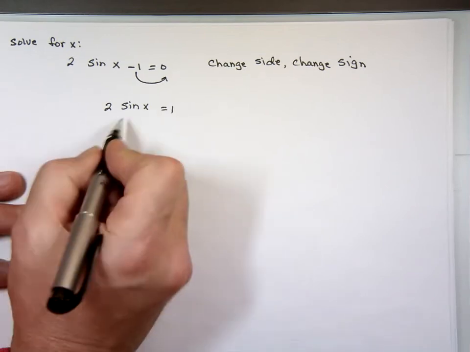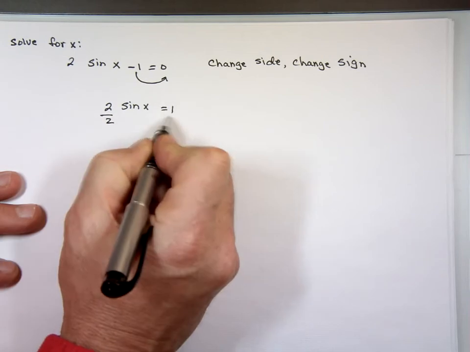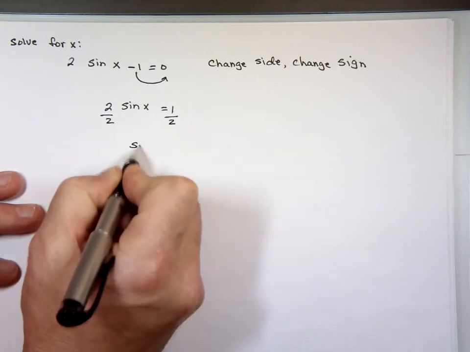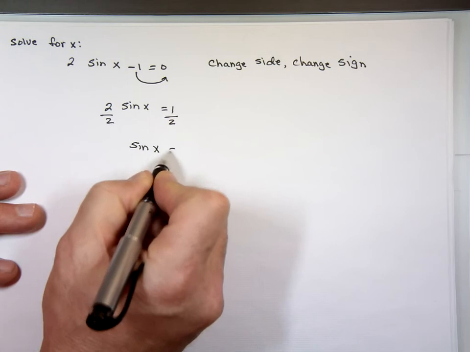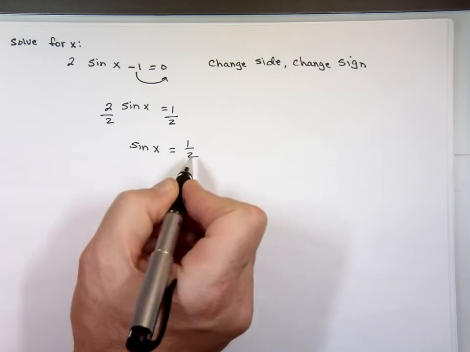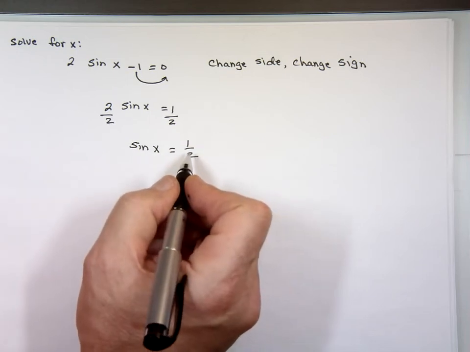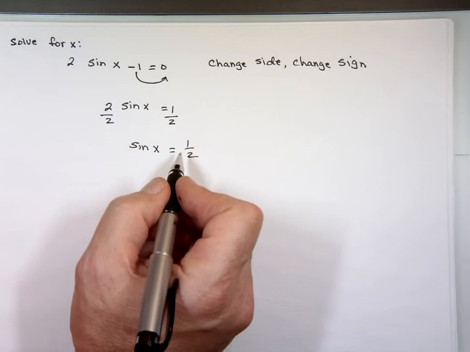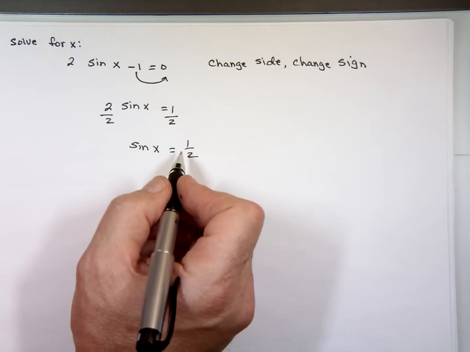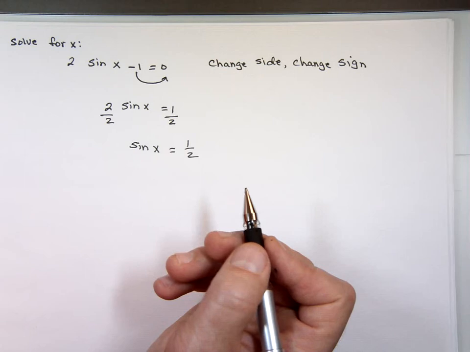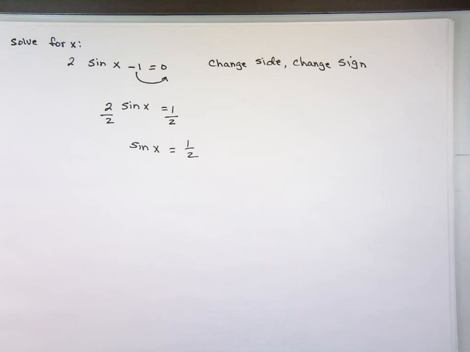So to solve for sine of x, you divide by 2. Sine of x equals what? 1/2. Can I find x? I did print 40 copies of the unit circle. I don't know what I did with them.